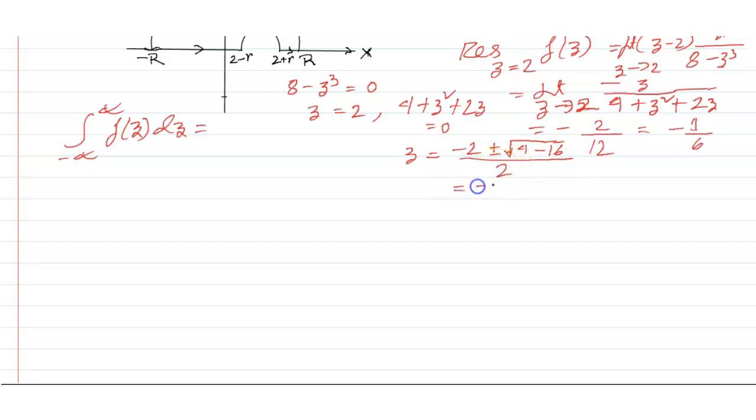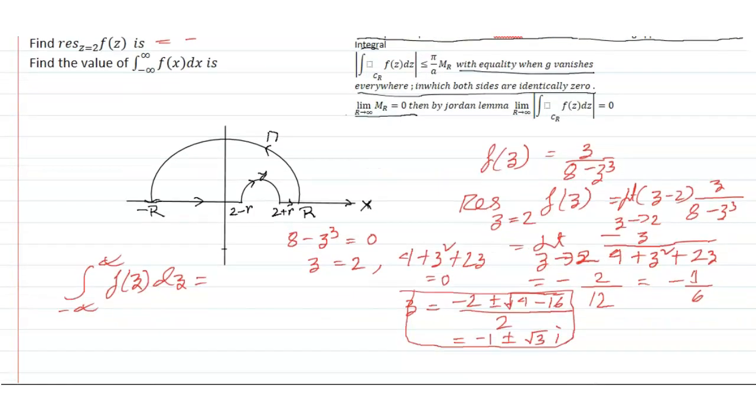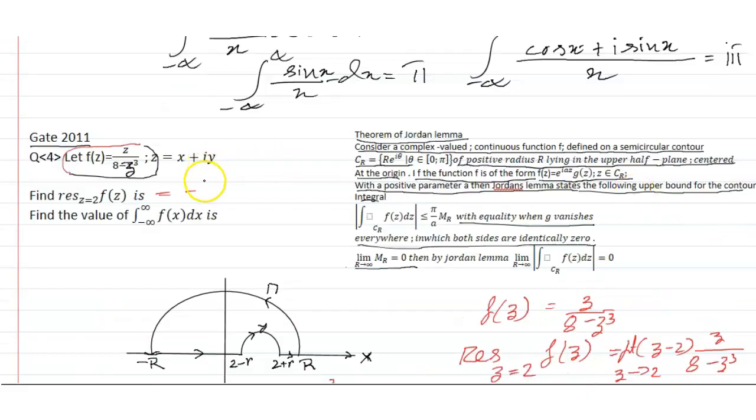So whatever I get, 1 plus or minus root 3i. This is my total pole. So the first answer is minus 1 by 6.